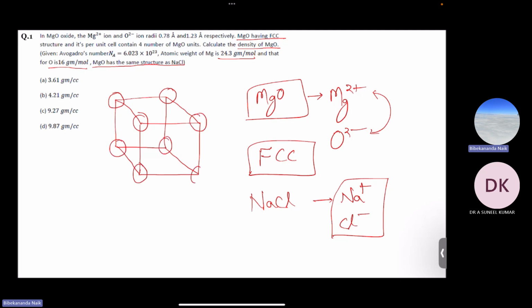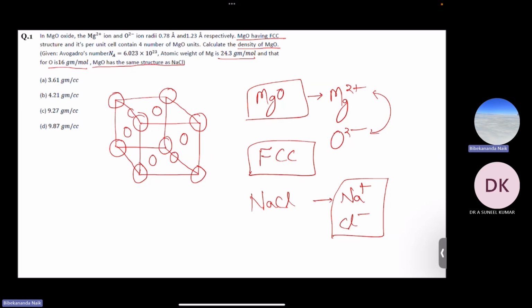There are 8 atoms because one cube has 8 corners, and one atom at the center of each face. It has 6 faces. So one is here, one is here, one is here, one is here in the front face, and one is here in the back face.